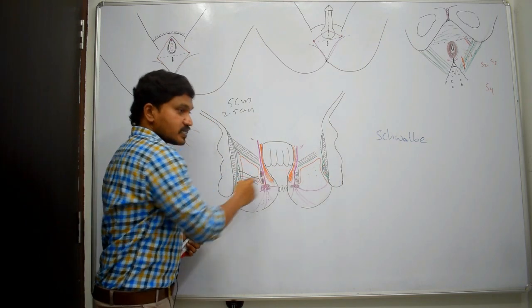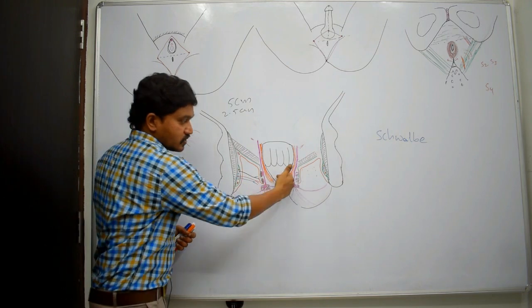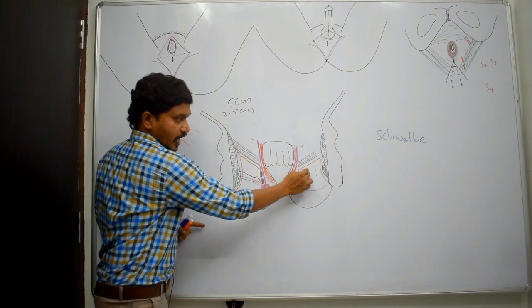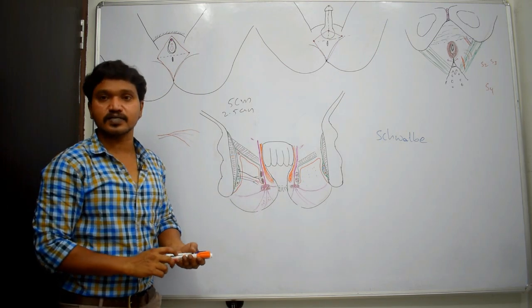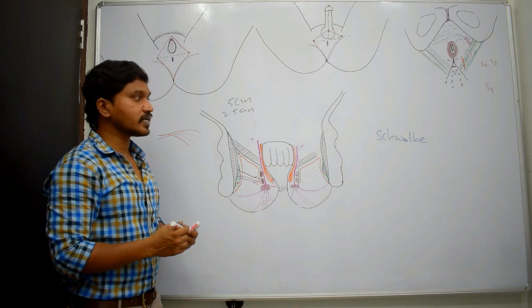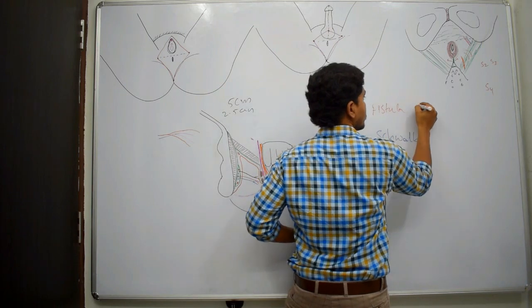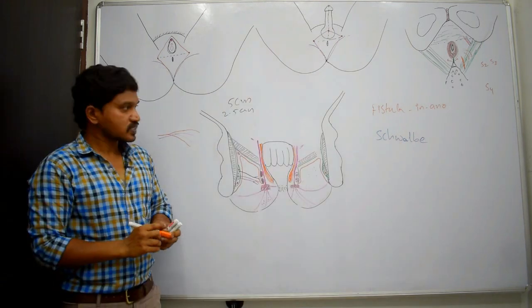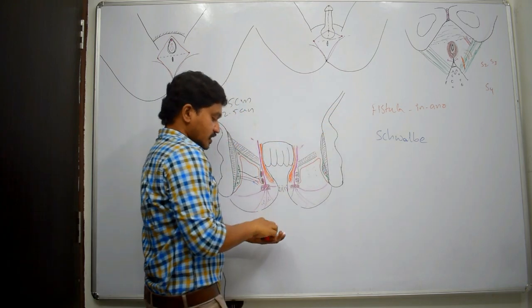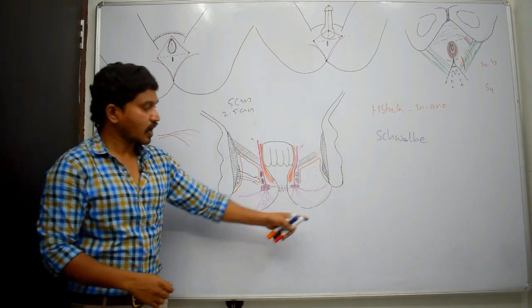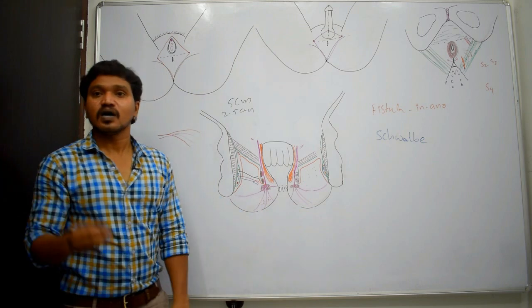Sometimes this abscess may burst into the anal canal. That condition we call fistula in ano. Sometimes the fistula's tract may open through the perianal skin.